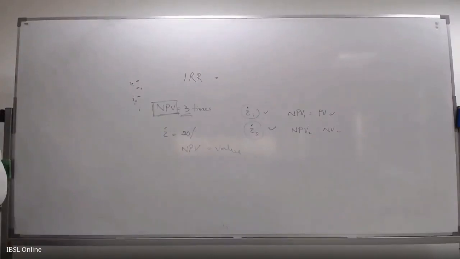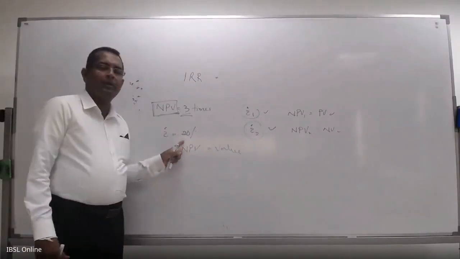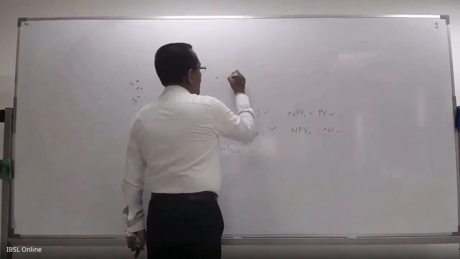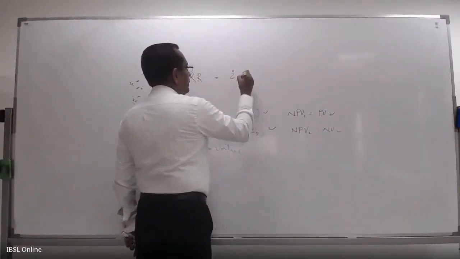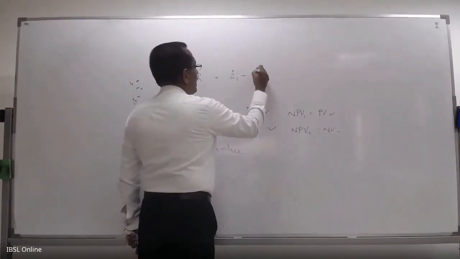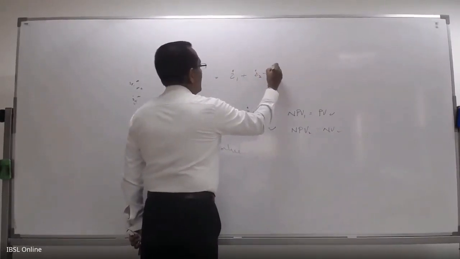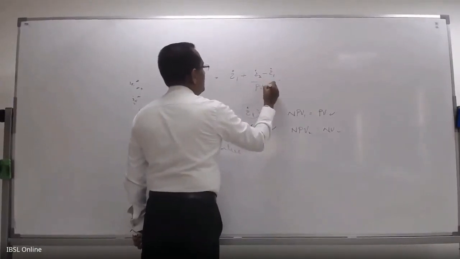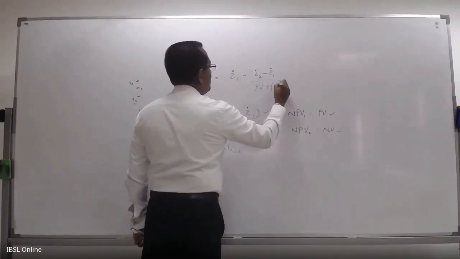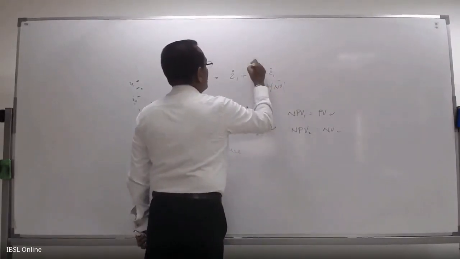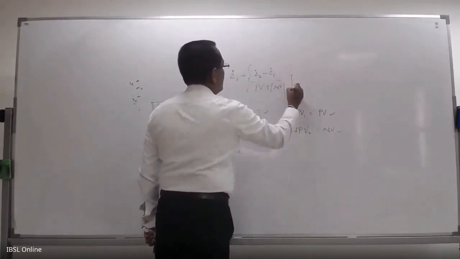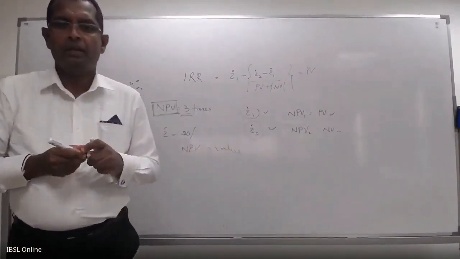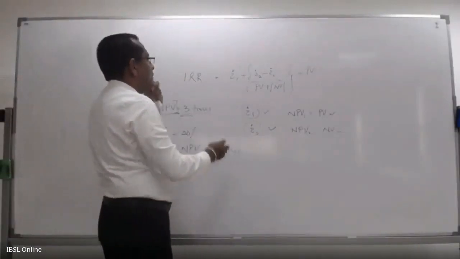Okay. So you do initial work, put this 20 into this formula. I1 plus I2 minus I1 divided by positive value plus absolute value of negative value, into positive value. Right? This is the value.